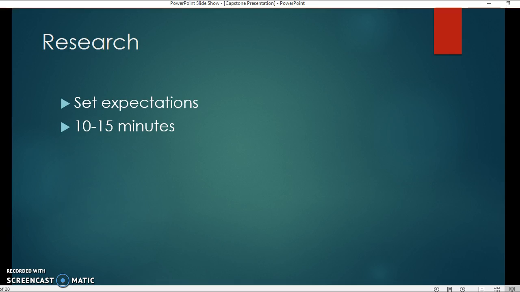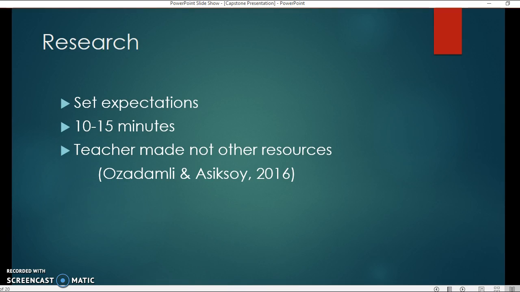In the article, A Flipped Classroom Approach by Ozdamli and Asiksoy, the teacher is not the center of the class; it is a student-centered class, and the teacher is in the class as a guide. A student transforms from a passive receiver of knowledge to an active promoter of knowledge.